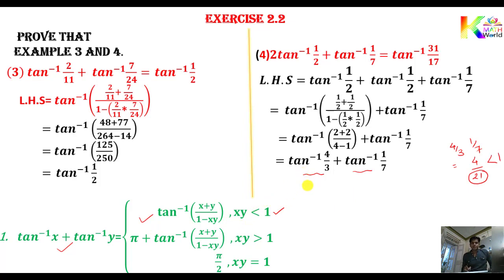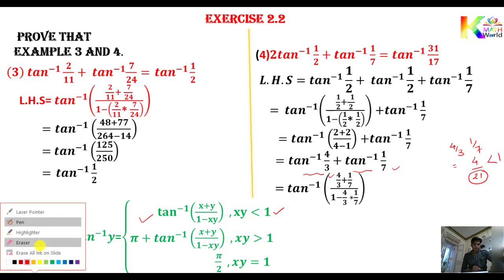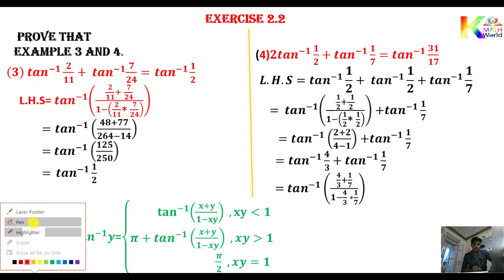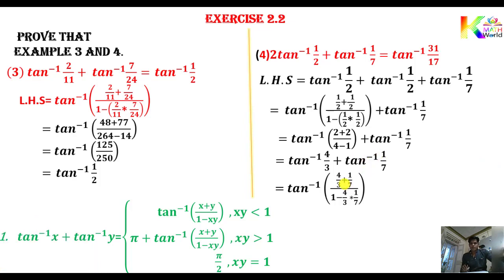Okay, so now tan inverse of addition of these two numbers 4/3 and 1/7 over 1 minus product of those two numbers. So we can write tan inverse of (4/3 + 1/7) over (1 - 4/3 into 1/7). Okay, so now considering LCM.